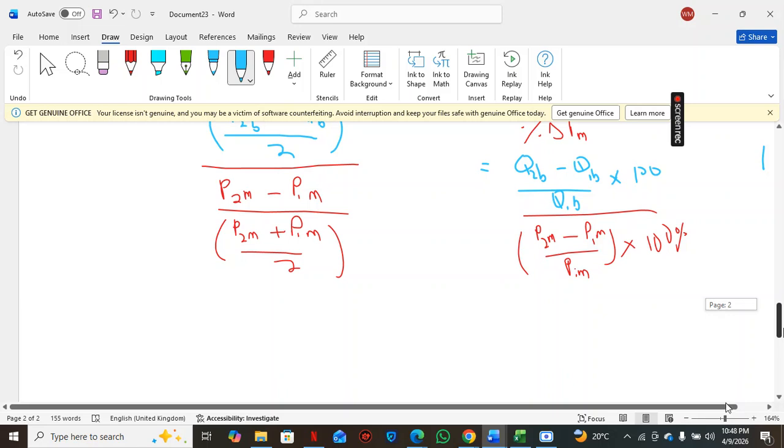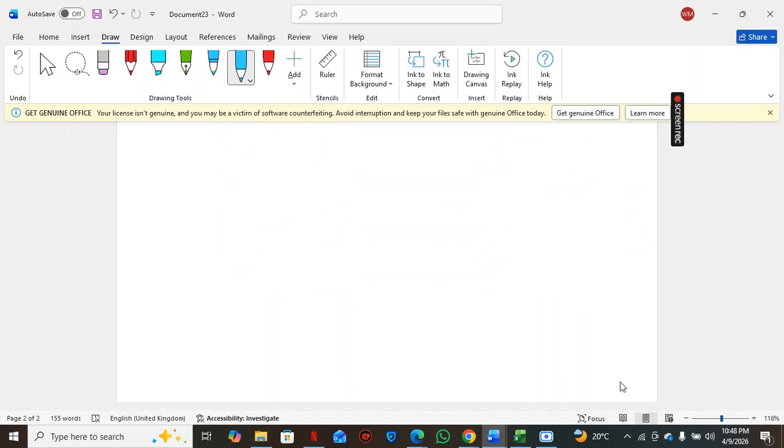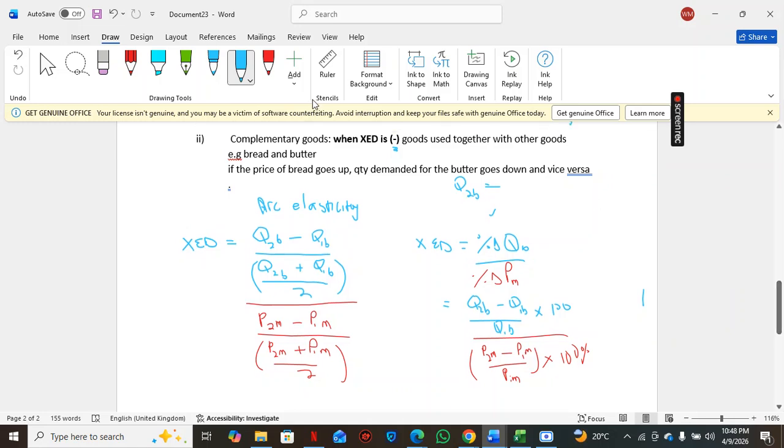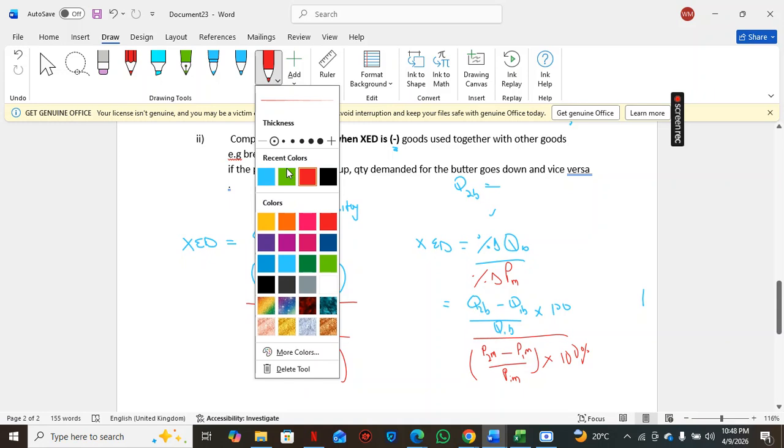Using the arc elasticity approach, we solve the numerator first, and then we solve the denominator second, so that everyone follows. Because the formula is too big, it's better you do it in parts.